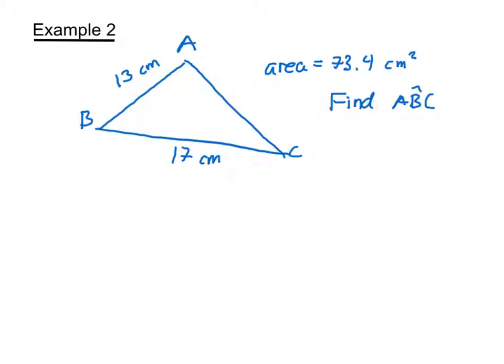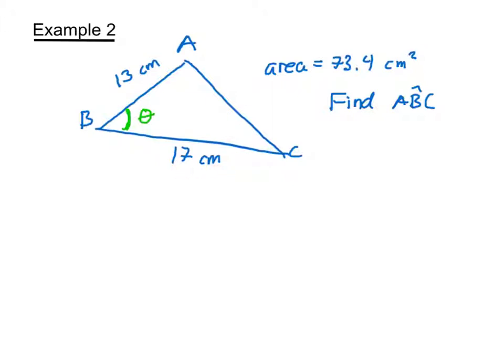Here's another example problem. We're given triangle ABC, and we're given side AB, which is 13 centimeters, and side BC, which is 17 centimeters. And this time we're given the area of the triangle, which is 73.4 square centimeters. And we're asked to find the measure of angle ABC. In other words, we're asked to find this angle here. Let's call it theta.